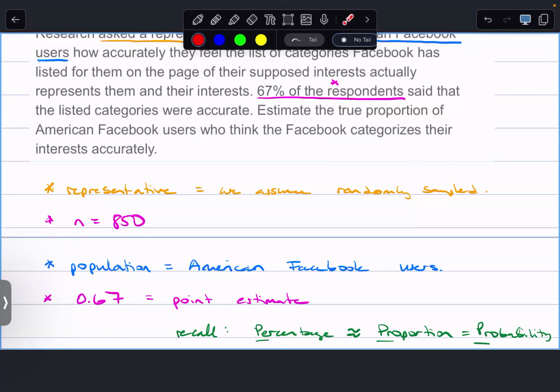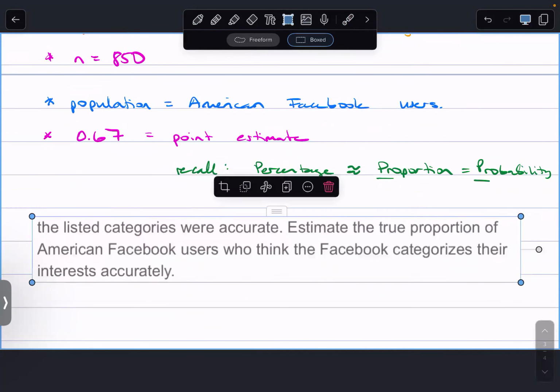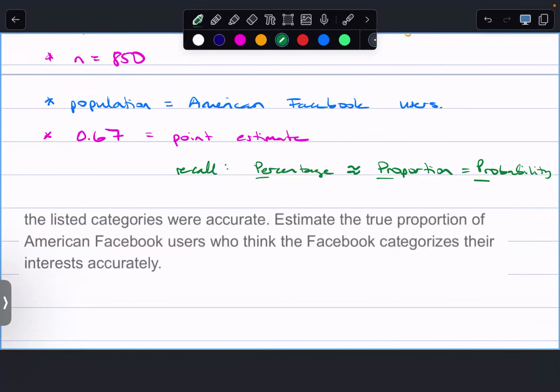Now, for this next part, I'm just going to copy it and fix it a little bit. Instead of saying estimate, I would change it and say, construct a 95% confidence interval.